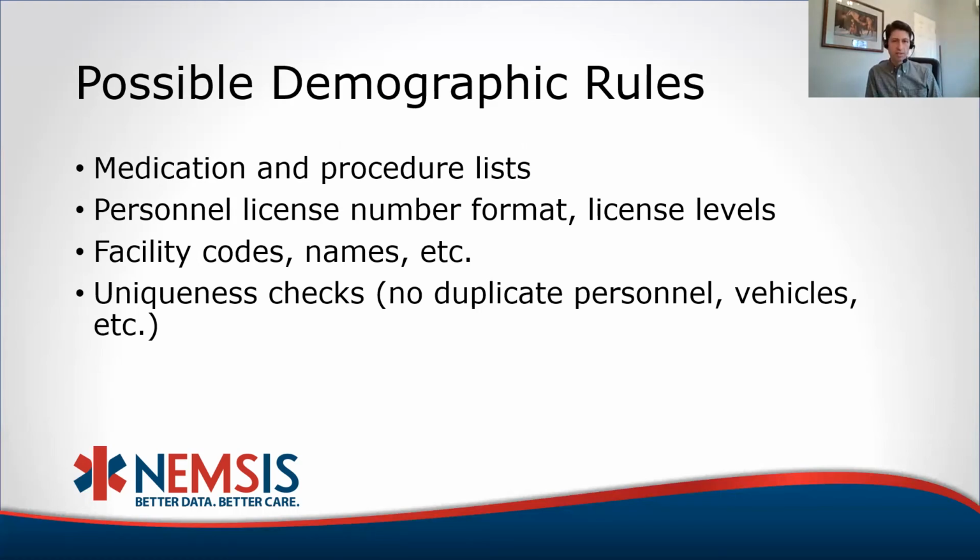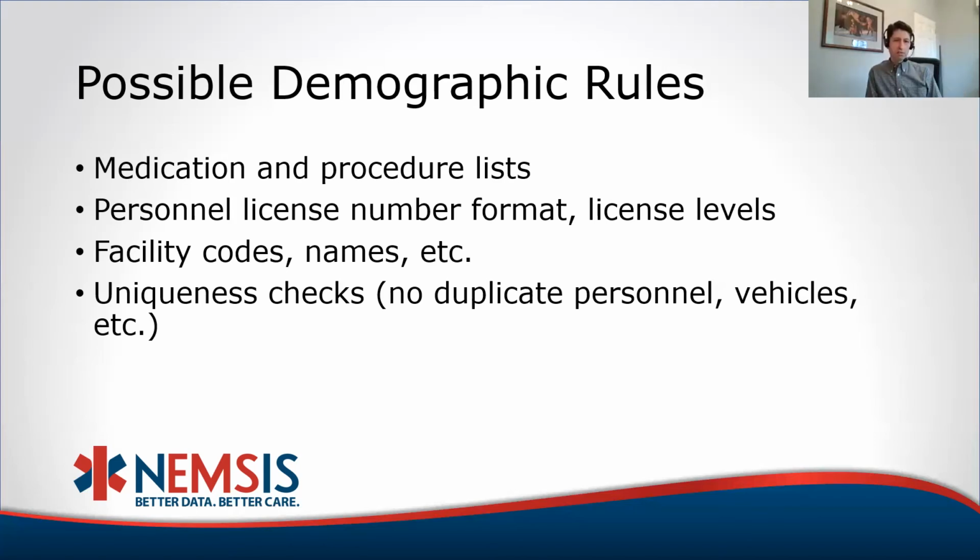That's a very state-specific thing. For example, here in Oregon, it's a 6-digit number for licensed personnel, and then a little bit different format for medical directors' licenses. You can also check license levels on personnel lists. You can check facility codes, names, et cetera. We've touched on that. If you can check that in demographic data, you can catch the problem up front.